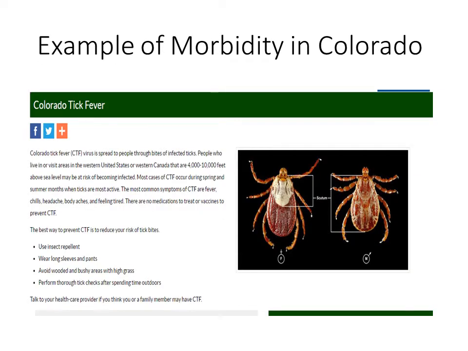The first one is, since we do have a community in Colorado that you're exploring, here is something that came up on the MMWR, and that's morbidity in Colorado related to Colorado tick fever. This evidently is quite a bit of a risk out there, and they give you some symptoms and things like that, something to be aware of.